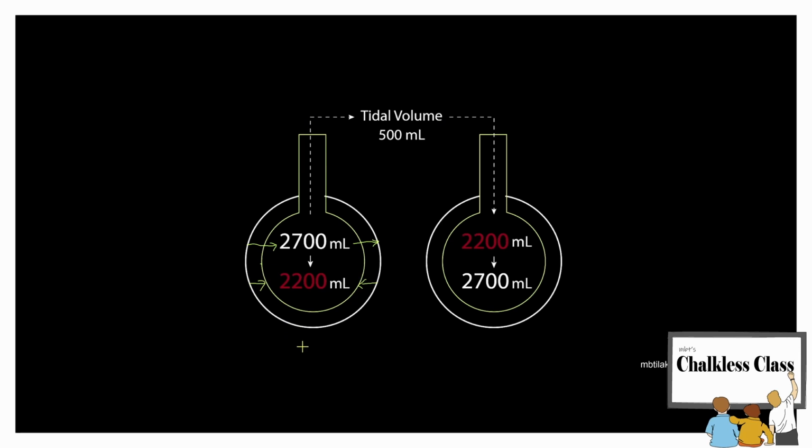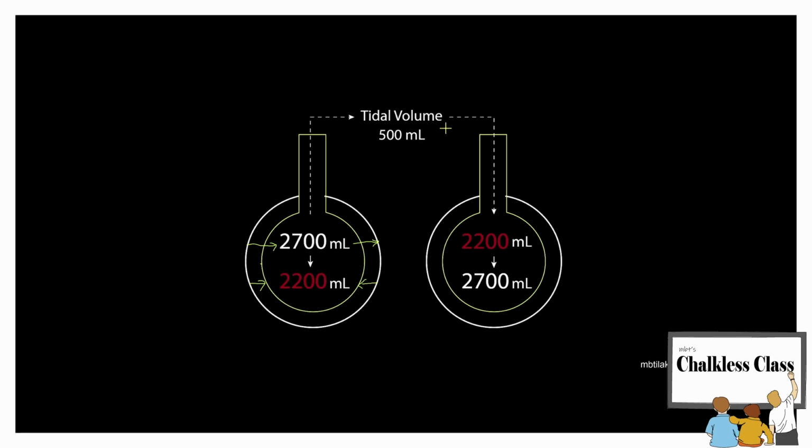This is before expiration. At normal conditions, this is the volume of the air in the lungs. After normal expiration, its volume may decrease to 2200 ml. The volume of air exhaled out in a normal breathing without putting any effort is called tidal volume, that is 500 ml.